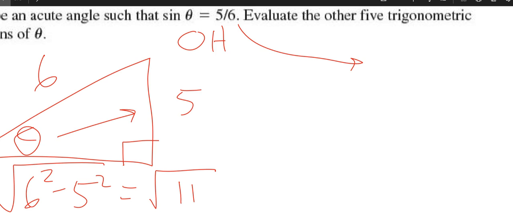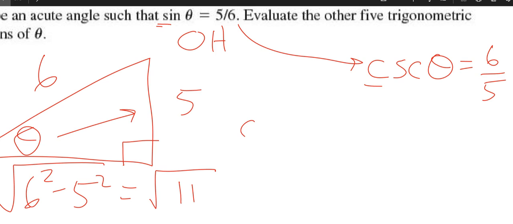What is the name of the reciprocal trig function for sine? Starts with a C. Cosecant, right? We said that it started with the opposite letter. And the cosecant, you guys all said, was 6 over 5.